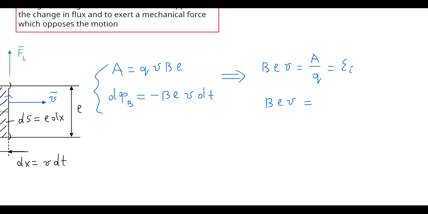So, minus dΦB by dt, the first derivative.